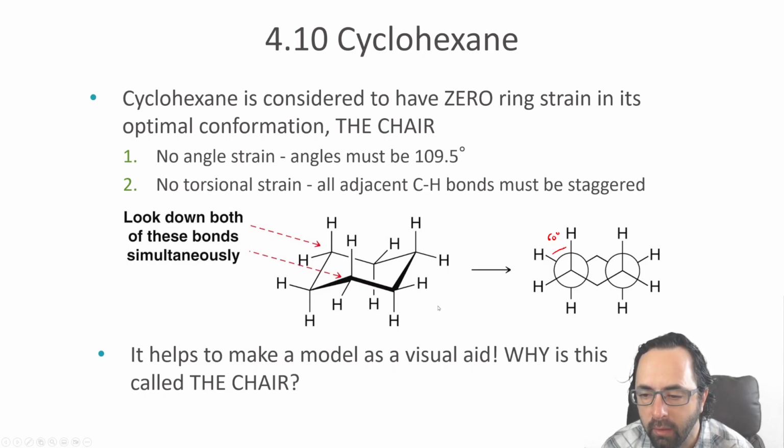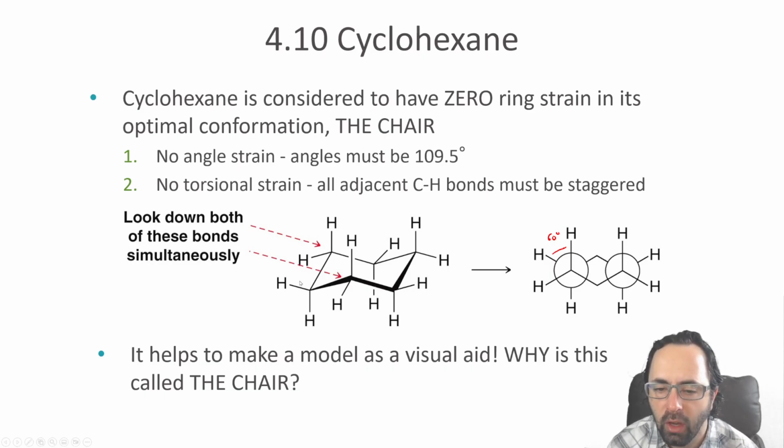Of course, all these bonds are single bonds that can rotate. There are other possible conformers or shapes that this can adopt, such as the so-called boat shape, where this part is tipped up. But this is the lowest energy shape. And it's often useful to build this in a model so you can see what's going on here. What you'll notice is that some of these hydrogens here are pointing straight up and some are pointing straight down here.